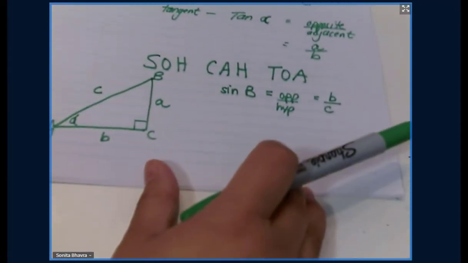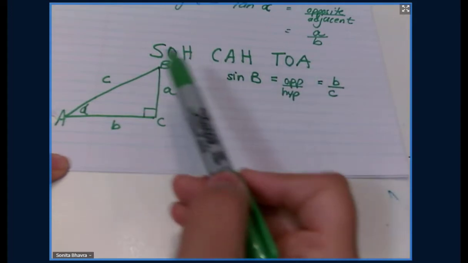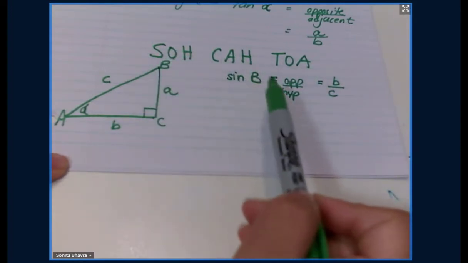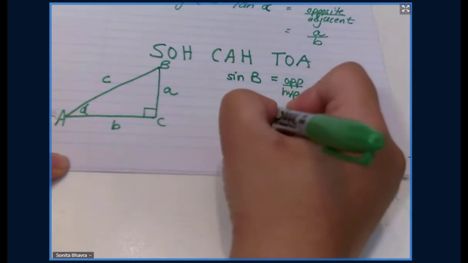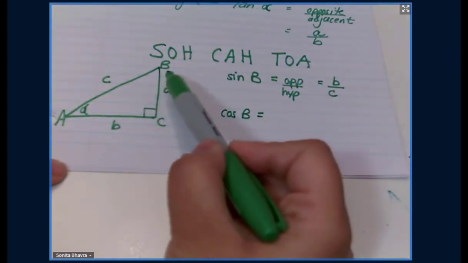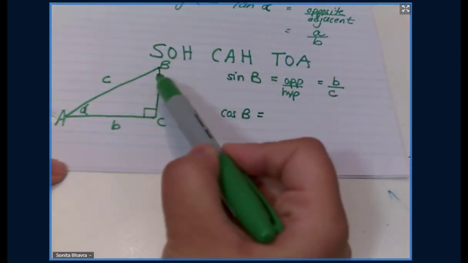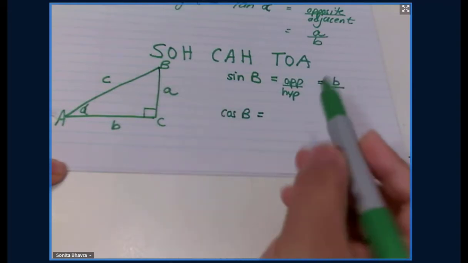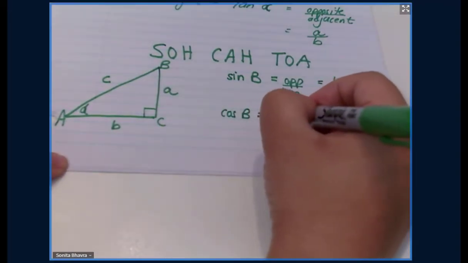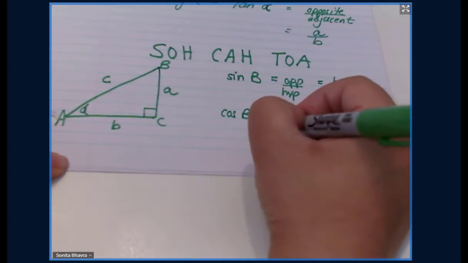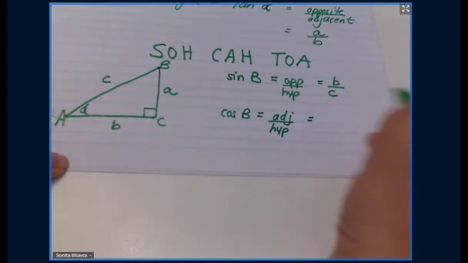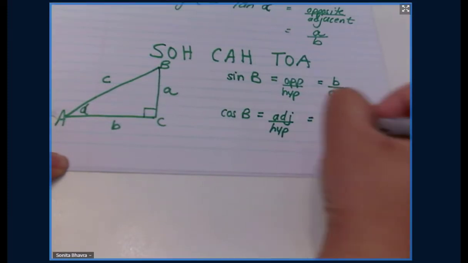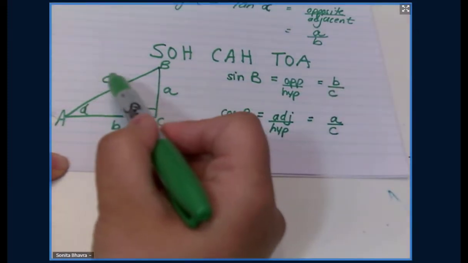So because now we're looking at angle B, all our ratios will be pertaining to angle B. So cosine of B is going to be adjacent. The one adjacent to angle B is side A. So this is adjacent over hypotenuse, so the ratio will be A over C. C is still our hypotenuse.